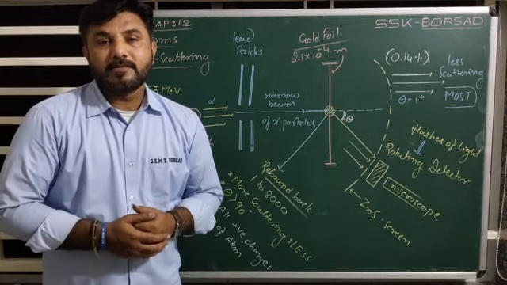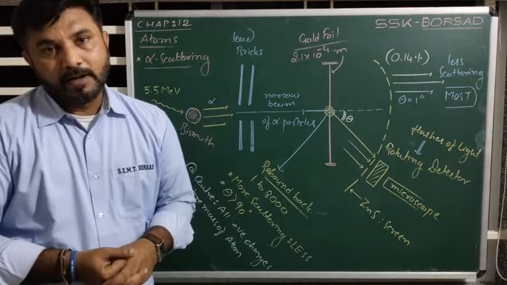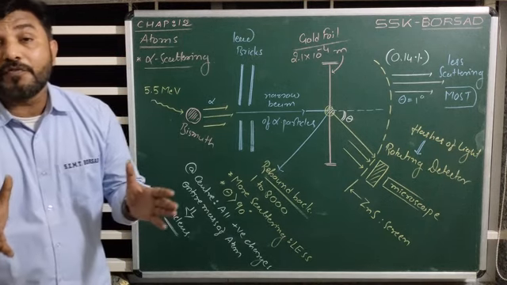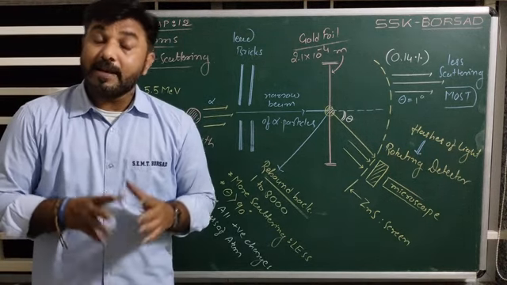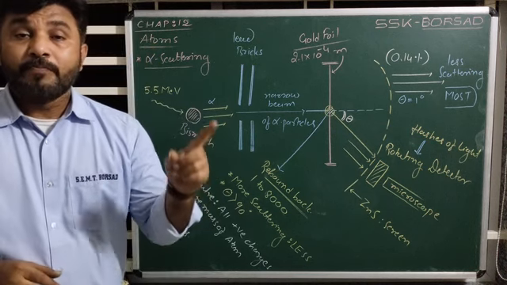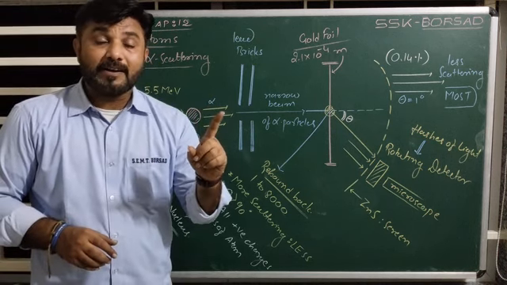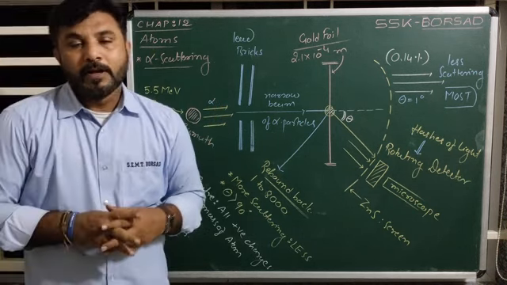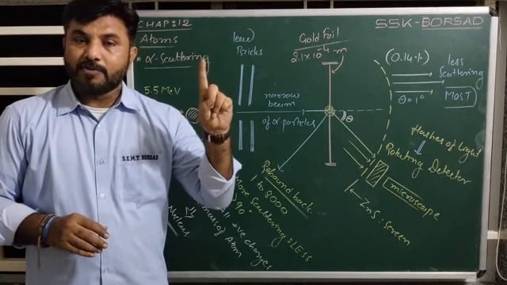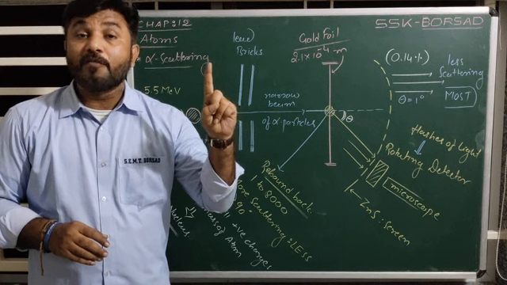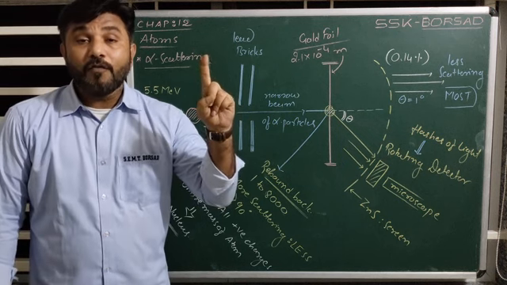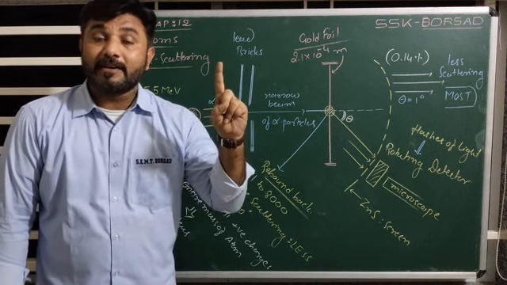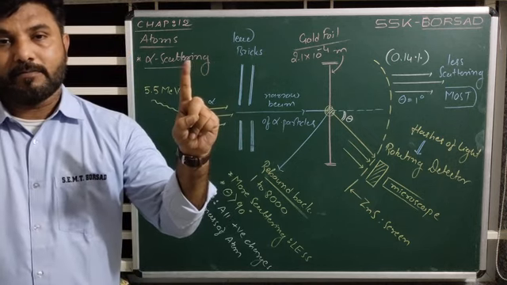There are a few things about the size of nucleus. After this conclusion, Rutherford gave information about the size of nucleus. The size of nucleus is about 10 raised to minus 15 meter to 10 raised to minus 14 meter. Ready? Size of atom according to kinetic theory is 10 raised to minus 10 meter.